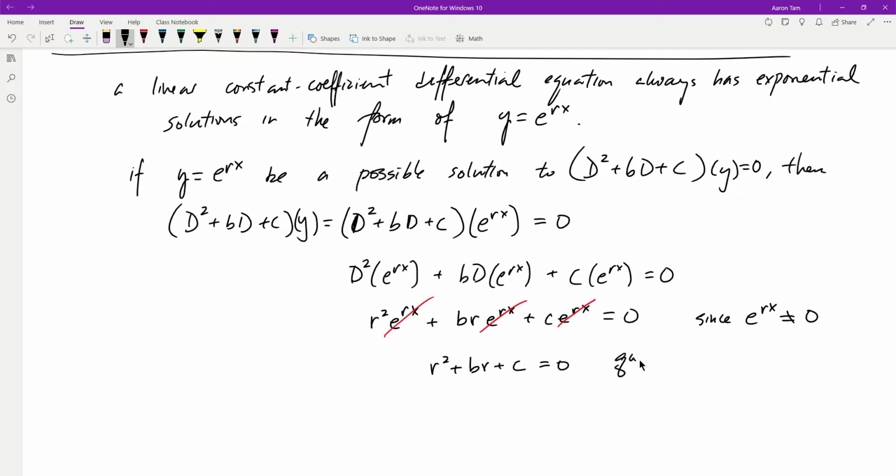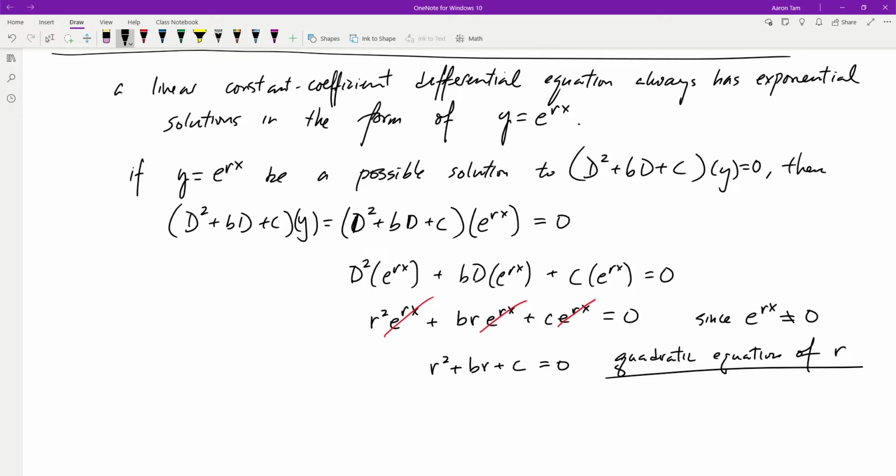This is a quadratic equation in r, and therefore it must have two solutions. What a surprise that the solution to a second order differential equation has dimension 2, because this equation has two solutions.